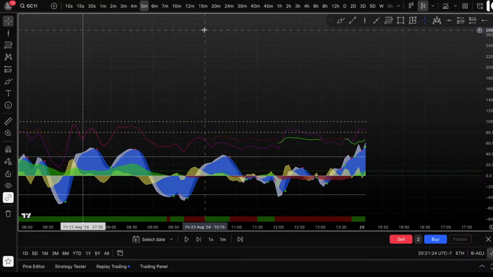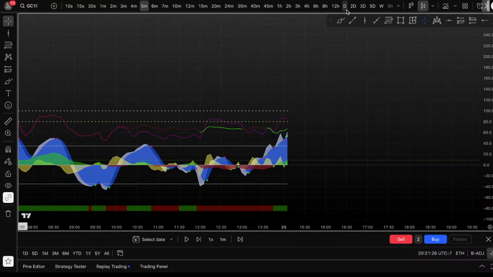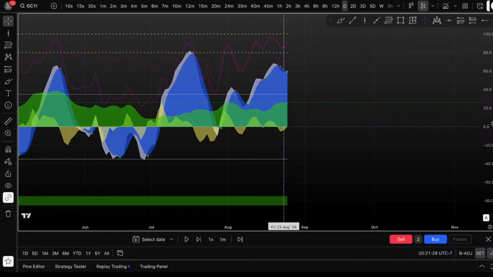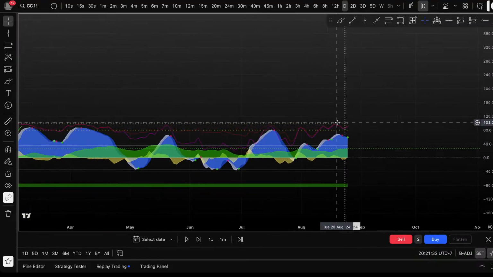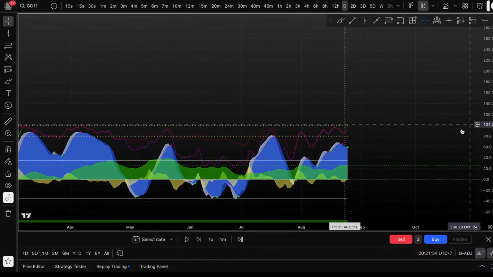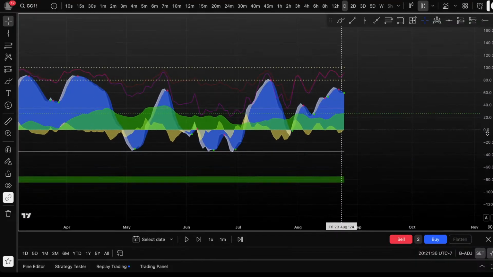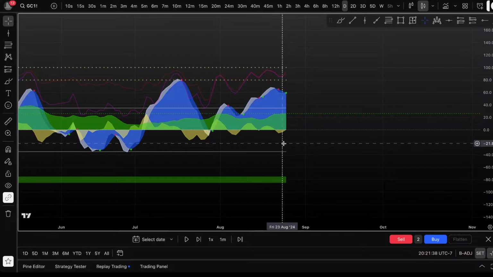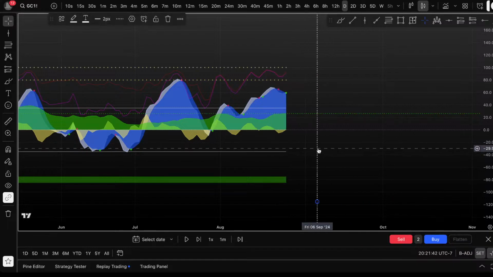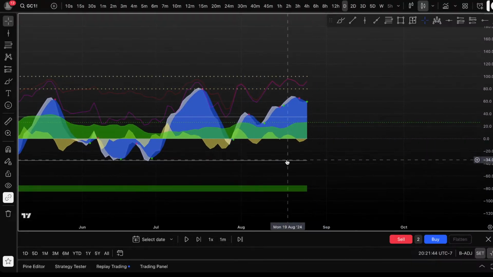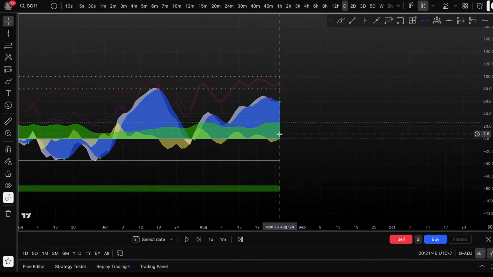Okay, we know the drill. Daily. Looking at daily in the MarketCipher. Let's get this out the way. Daily, bullish.